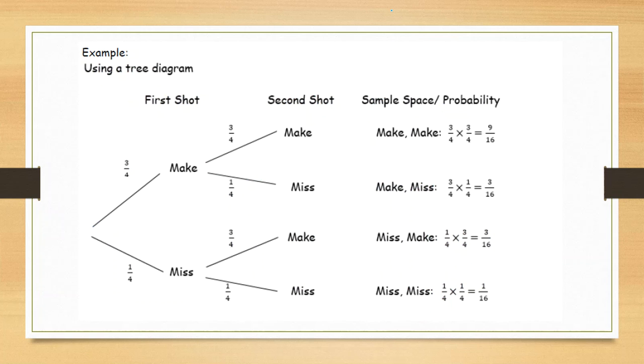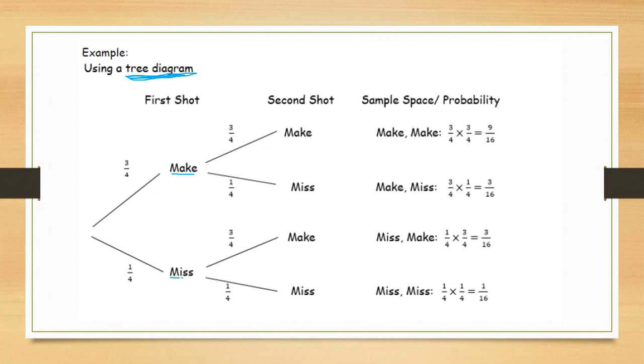The other way that you can represent this is using a tree diagram. So for the first shot, he can make or miss. Making has a probability of 3/4, missing has a probability of 1/4. If he makes the first one, for the second one, he can make or miss.